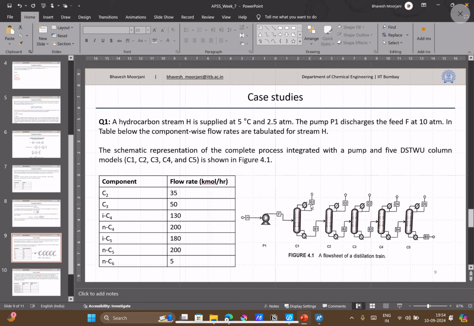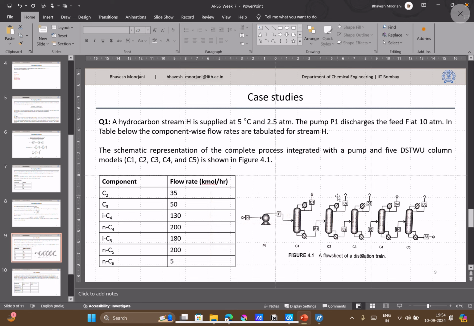Then what should be the heavy key? Obviously from C3 to C6 all the options are there, but we will consider the immediate component, which has slightly lesser volatility than ethane. So we will consider 0.1% of C3 as the heavy component for the distillate part.